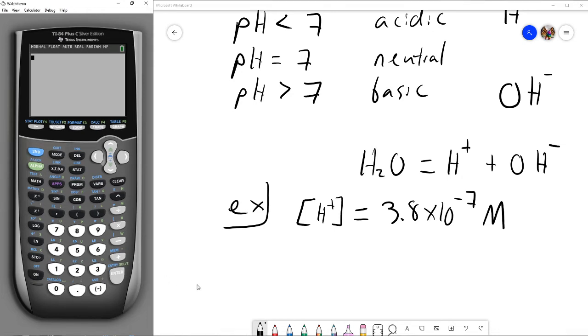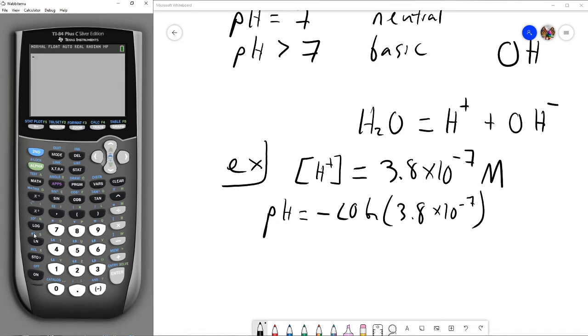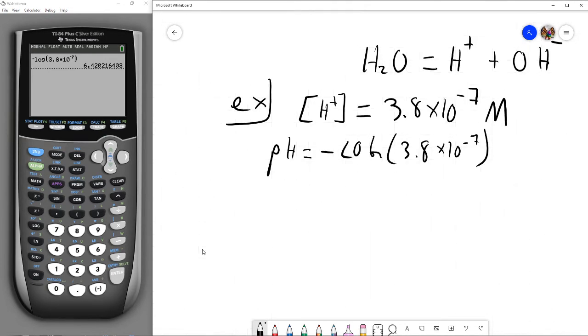Alright, so if this is our concentration, then our pH is going to equal negative log of this quantity. Alright, so we go negative log 3.8 times 10 to the negative 7, and voila. So this solution will have a pH of 6.4.